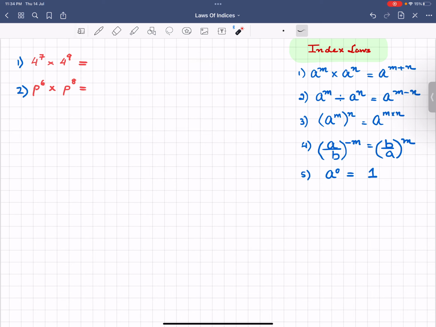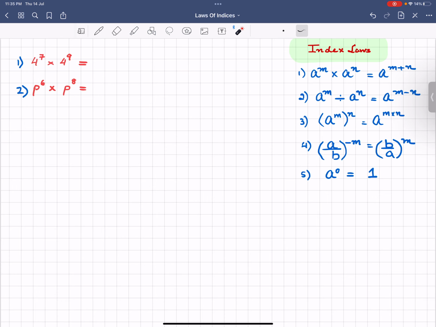So if I want to calculate the value of 3 to the power of 5, this means that I need to multiply 3 by itself 5 times. So that is the expanded form, and if we need to find the value, multiplying 3 five times gives us 243. So that was about base and index.